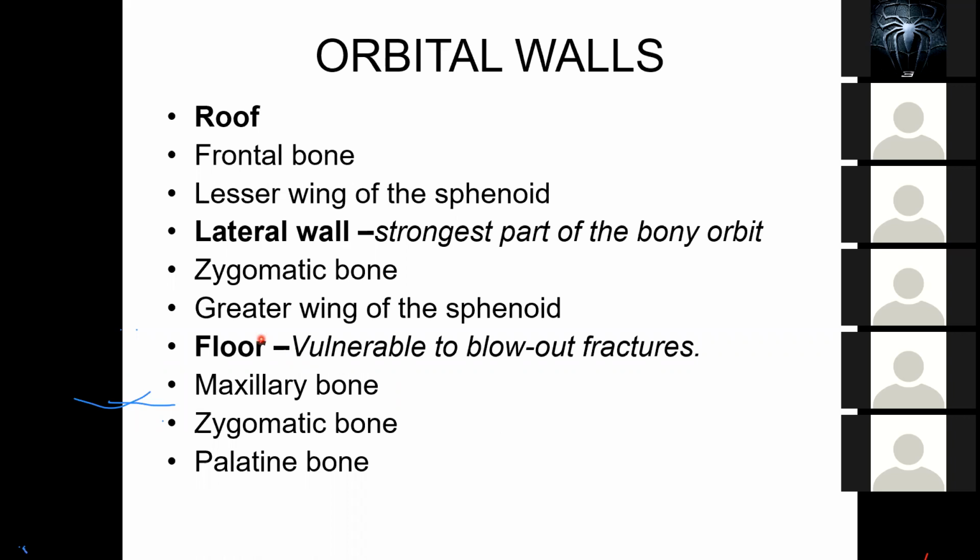But it's been found that the floor is more vulnerable to blowout fractures. When we get to trauma, we'll discuss the injuries in further detail. So the floor is made up of the maxillary bone, part of the zygomatic bone, and the palatine bone.